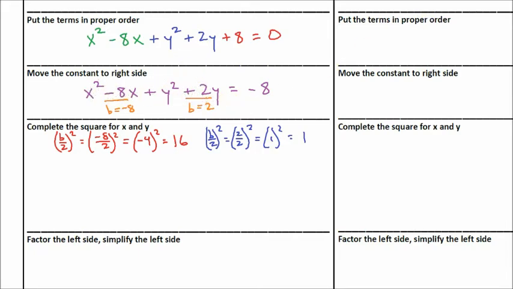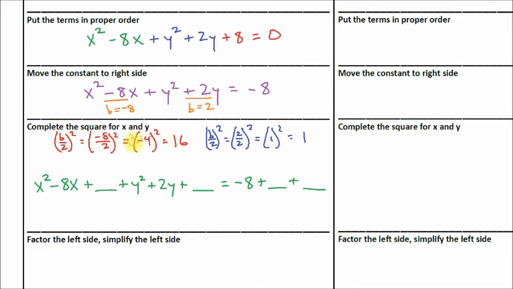Let's rewrite our equation now. We've got x squared minus 8x plus some number, plus y squared plus 2y plus some number, is equal to negative 8. And then we're going to have to add these two numbers on the other side as well. We're just doing the complete the square twice.